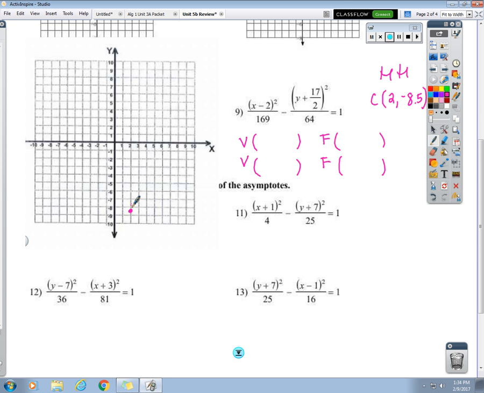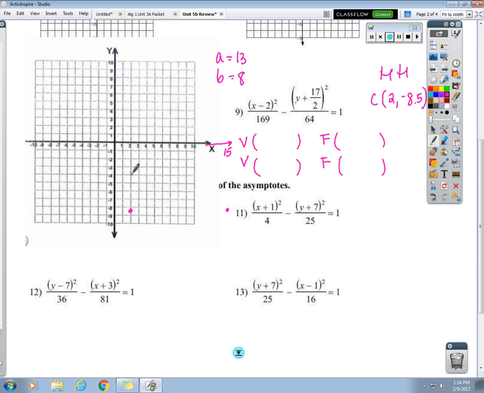And now to get my box, I need to know my A and my B. What is my A for this one? 13. And yeah, 13 squared is 169. What's your B? 8. From the center, you're going to be moving 13 units. What directions? Left and right. So this is definitely going to run off, because if you go right 13, you'll land at where? 15, right?